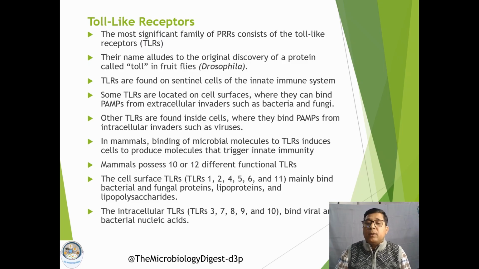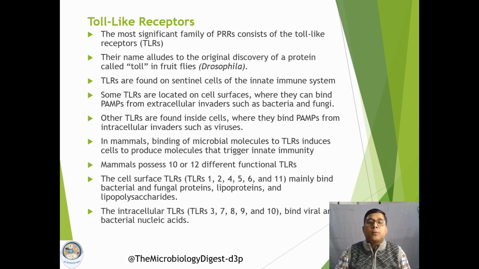TLRs are found in the sentinel cells of the innate immune system, and they can bind to PAMPs and signal our body that this is a foreign invader and action should be initiated against it.